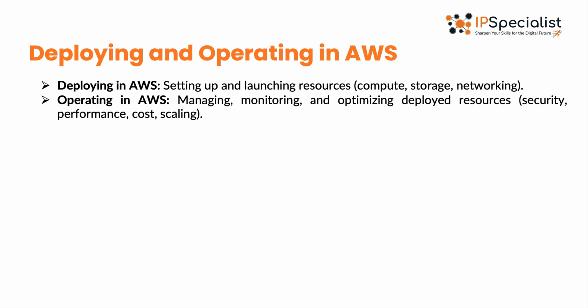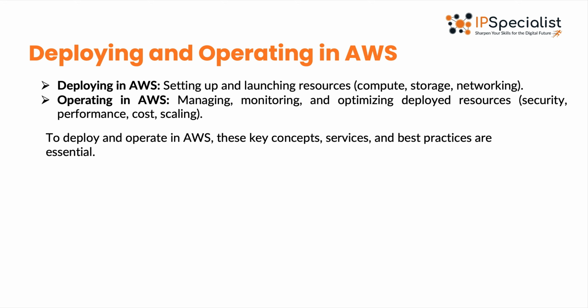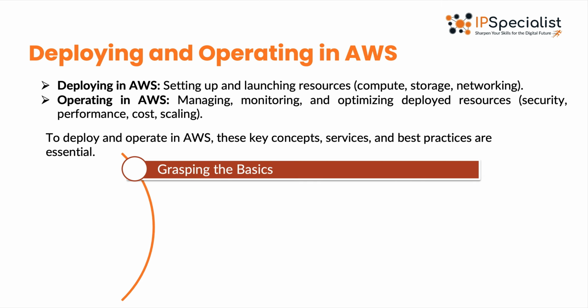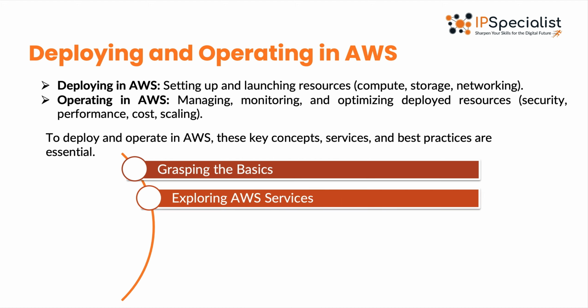To effectively deploy and operate in AWS, one needs to understand several key concepts, services, and best practices. You can start with a solid understanding of AWS fundamentals and its diverse areas of resources. Then familiarize yourself with the comprehensive range of AWS services and identify their use cases.